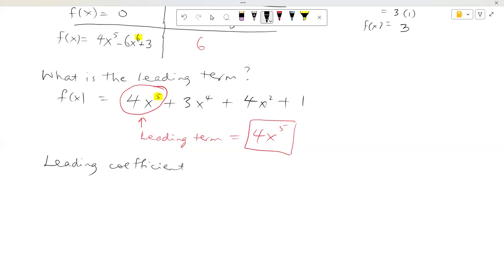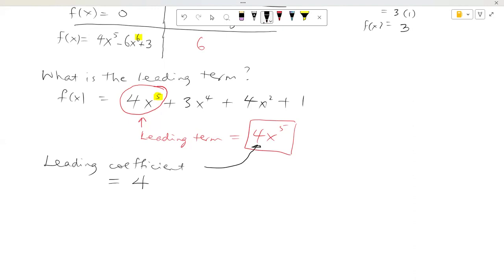So if we take this leading term here, the leading coefficient is going to be this number here, which is 4, right? So our leading coefficient here will be equal to 4.